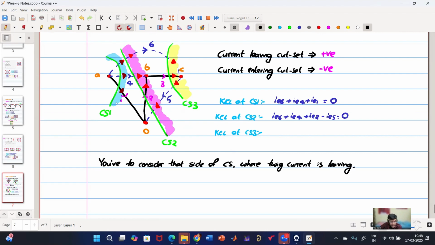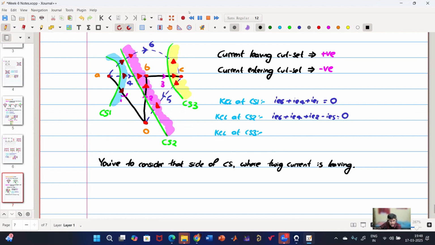So if you see this side of the cut set, twig current is leaving. This side of the cut set, twig current is leaving. Twigs are 1, 2, and 3. So this side of the cut set, twig current 3 is leaving. So we have to consider those 3 regions only.